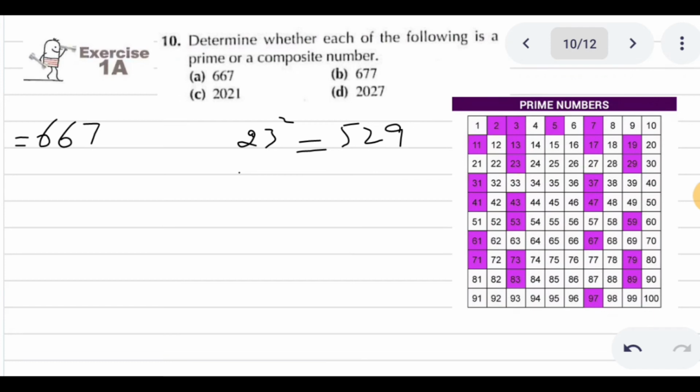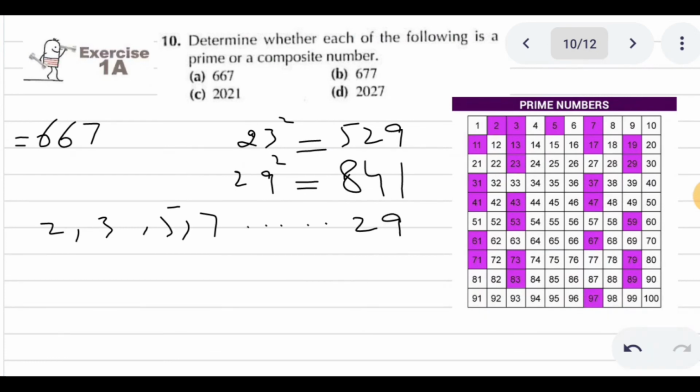Again, the next prime number is 29. Its square is 841, which is greater than 667. So it means now we have to check the numbers starting from 2, 3, 5, 7 till the number 29.